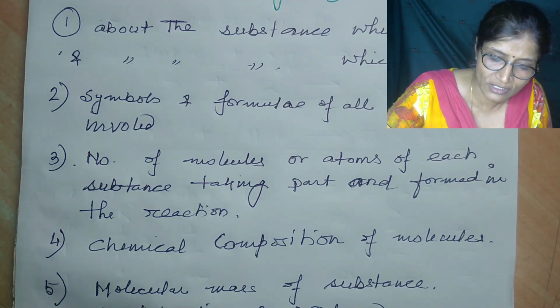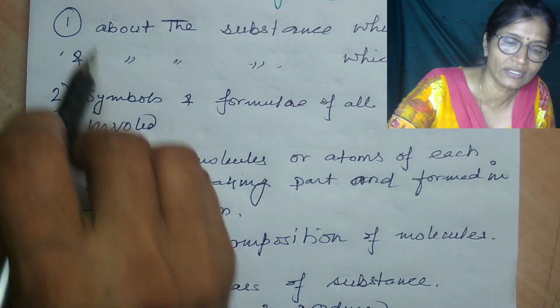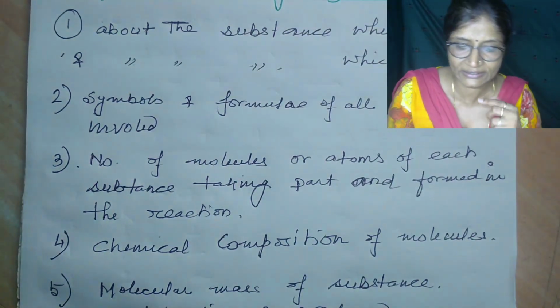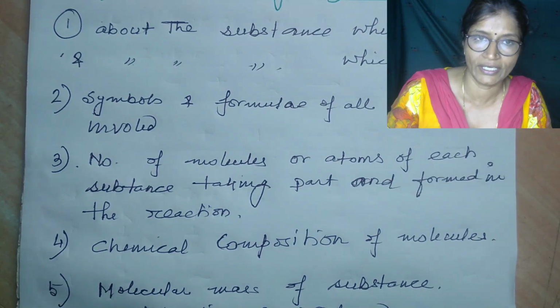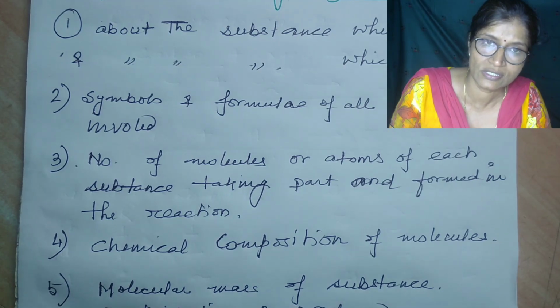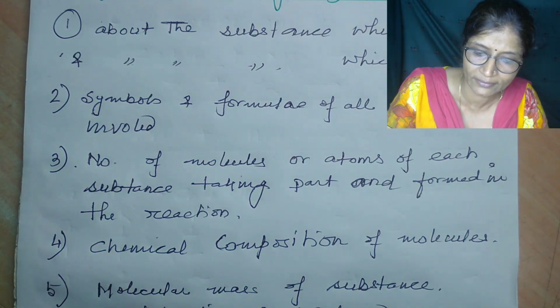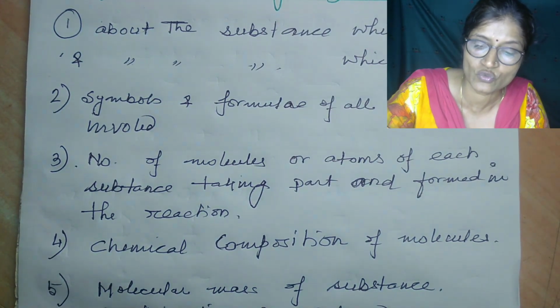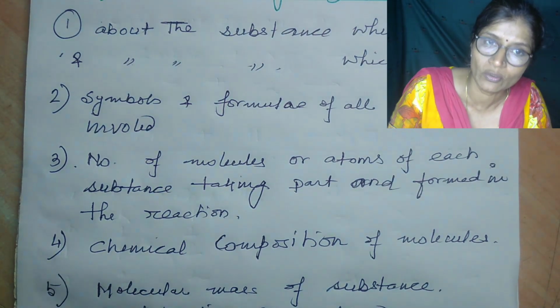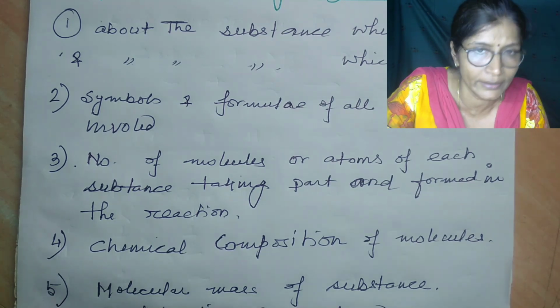So suppose this is an equation, so what are the information conveyed by a balanced equation? First thing is that this reaction gives us an idea of what the substances participating in the reaction are and the substances which are formed during the reaction. It means we can get the idea about the reactants and the products in the chemical reaction.